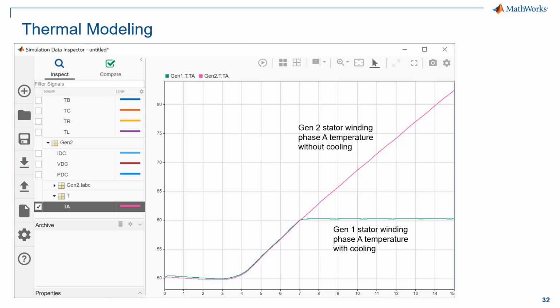Here we see the thermal response of phase A stator winding in both generator 1 and generator 2. Only generator 1 has active cooling, so we can see the difference in response and confirm that the active cooling circuit is functioning as expected. In this case, the active cooling circuit is configured to regulate temperature to 60 degrees Celsius.